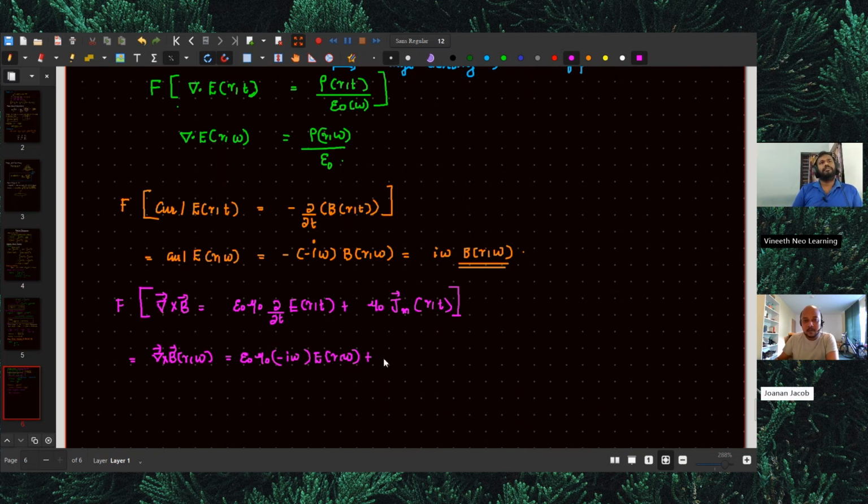Here J was the displacement current. Yes, it's the displacement current.